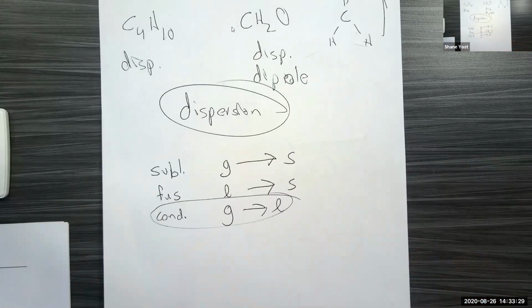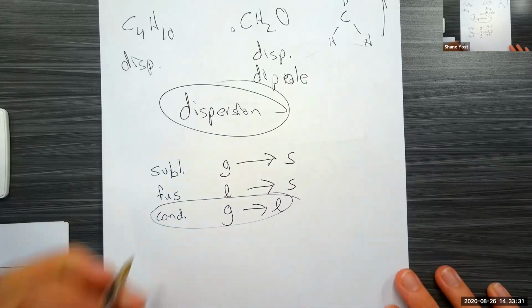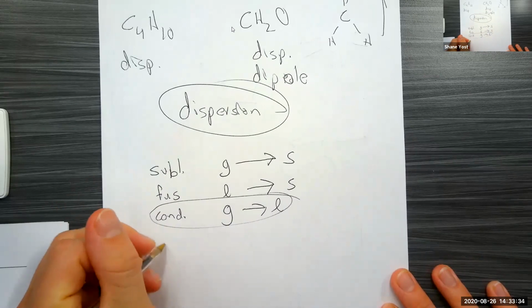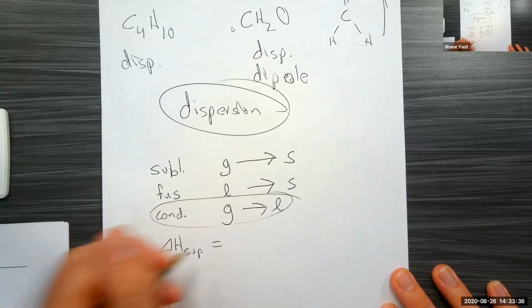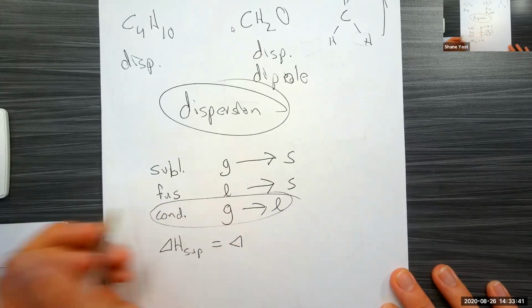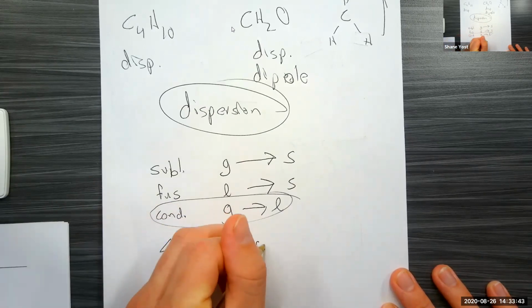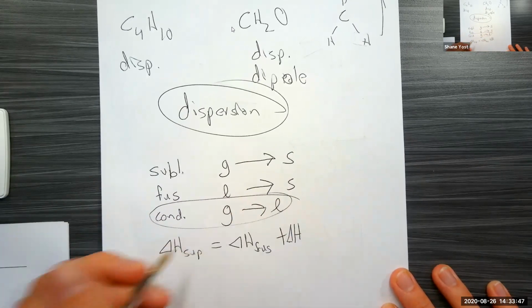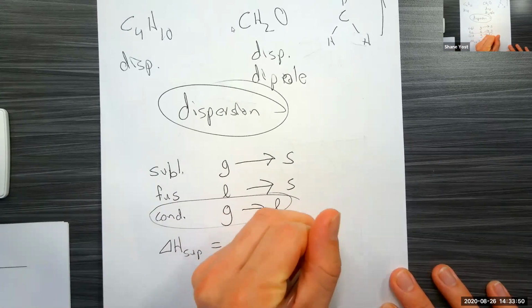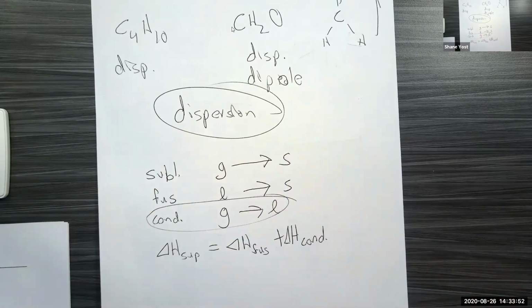And so, to get the relationship between these, it's the fact that the heat of sublimation is just equal to the heat of fusion plus the heat of condensation. In the end, if you undergo condensation and then fusion, you do the same overall change in state as sublimation.